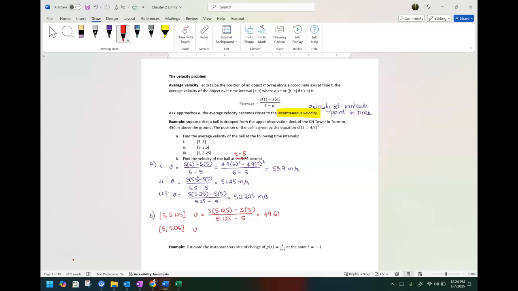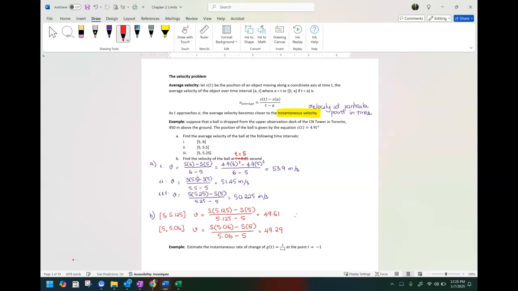The next one, we do the same thing. So this gets us about... so it seems like as t goes closer and closer to 5, the average velocity is about 49.